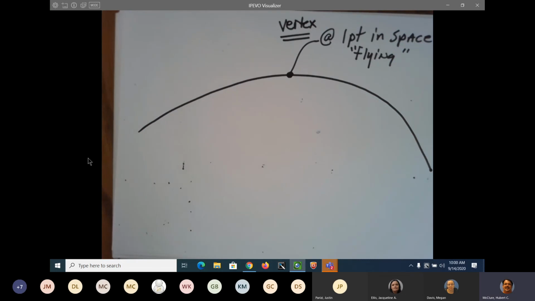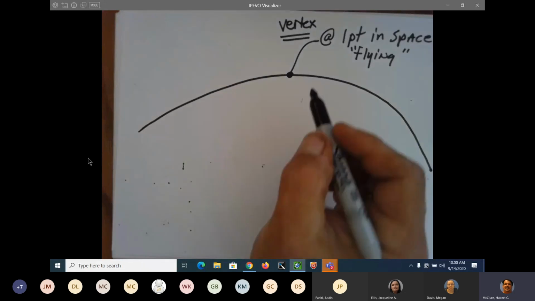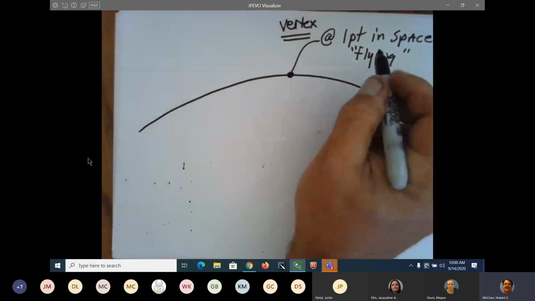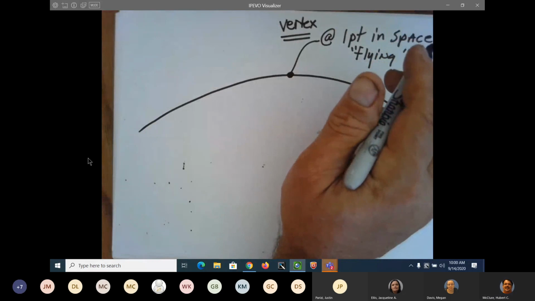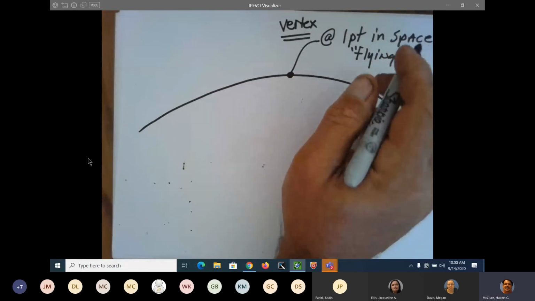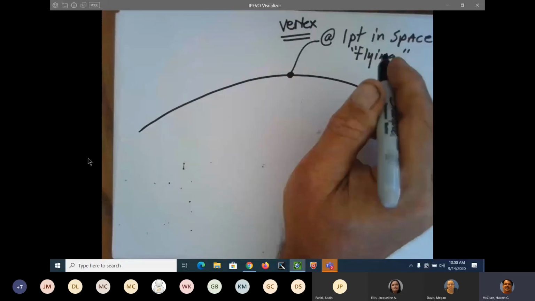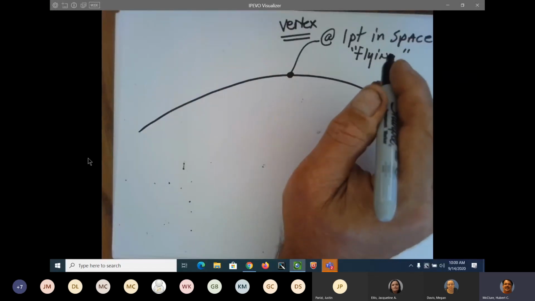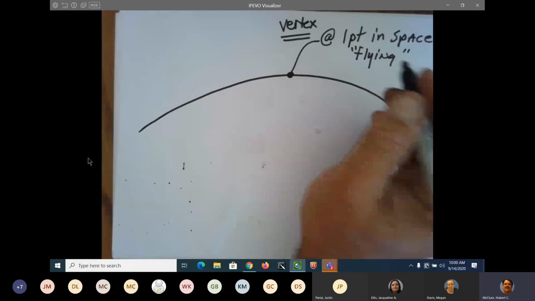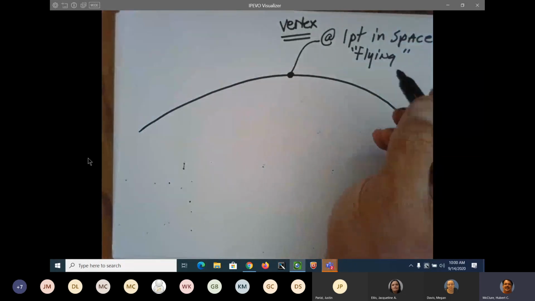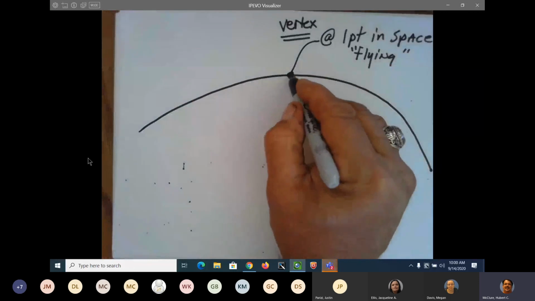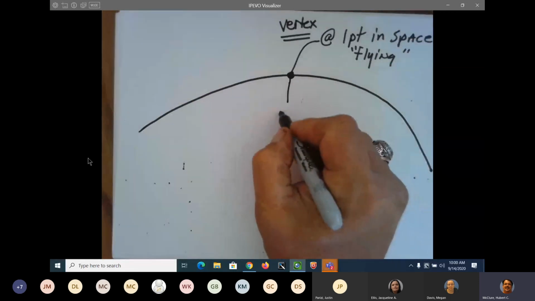Because he's neither going up or what? He's not rising or falling. Good, because he's Michael Jordan, of course, the greatest of all time. But if you throw a ball up in the air, at one point in space, that ball is not going up or down. It stops for a millisecond, and it neither goes up or down. That's called flying.